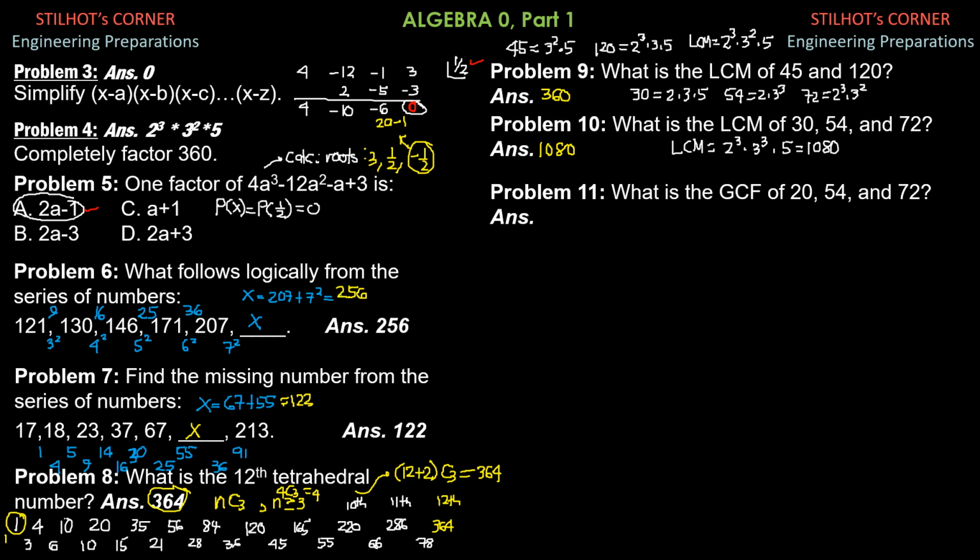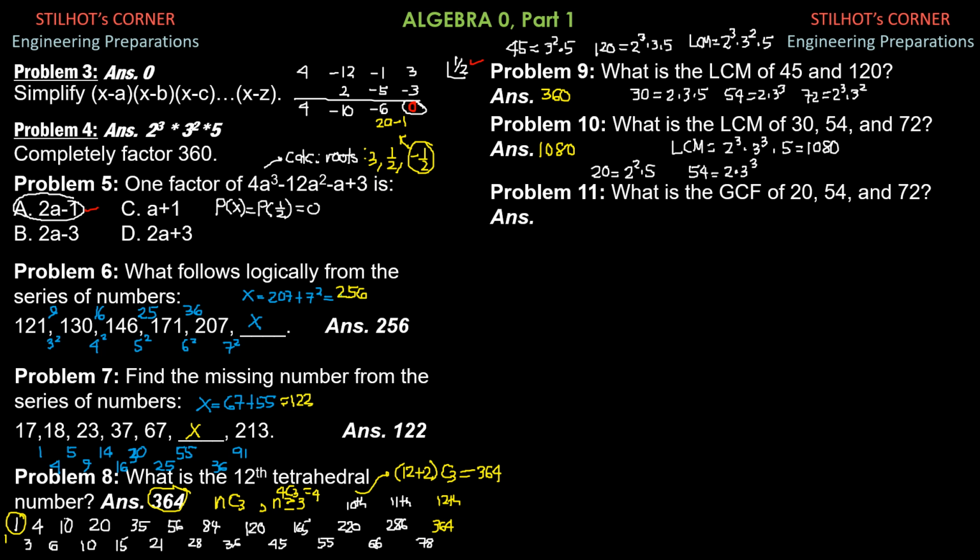So 20 is 4 times 5, and that is 2 squared times 5. 54 is 2 times 3 cubed.